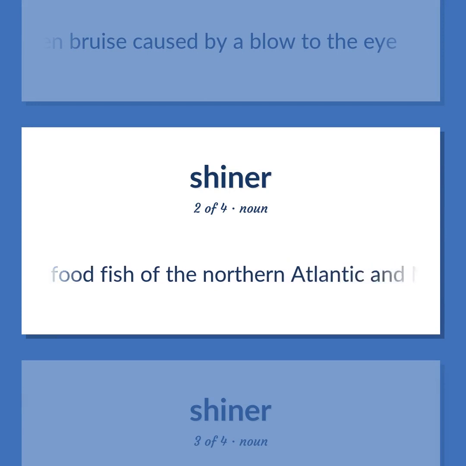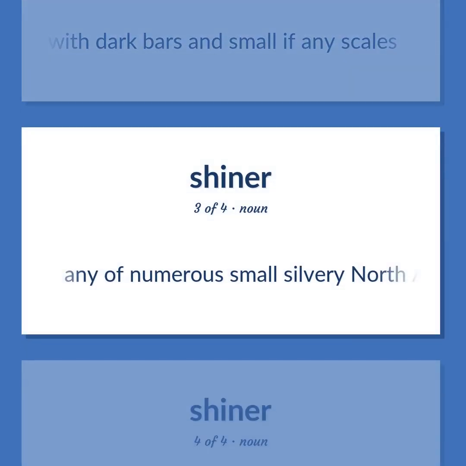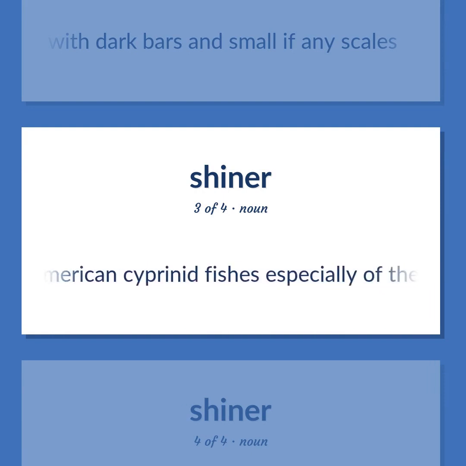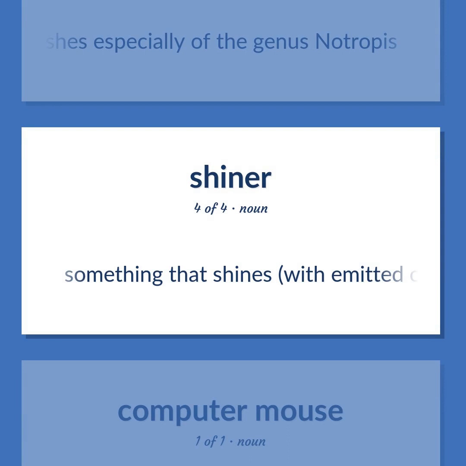Important food fish of the northern Atlantic and Mediterranean. Its body is greenish-blue with dark bars and small if any scales. Any of numerous small silvery North American cyprinid fishes, especially of the genus Notropis. Something that shines, with emitted or reflected light.